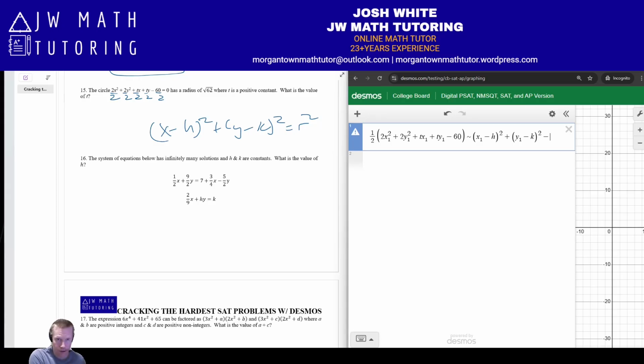And then normally it's equal to r squared, but again, we have to get this equal to 0 in order to do the regression, so I'm going to subtract this over, so it's going to be minus r squared. Except we know that the radius is root 62. That means that r squared is equal to just 62. So I can just type in here 62.